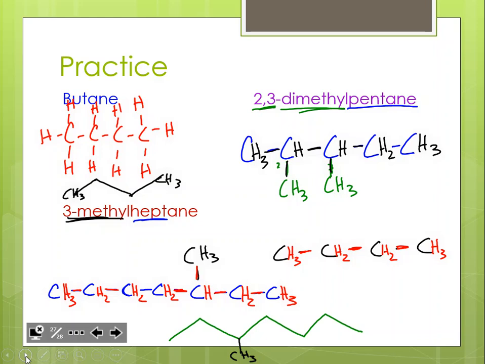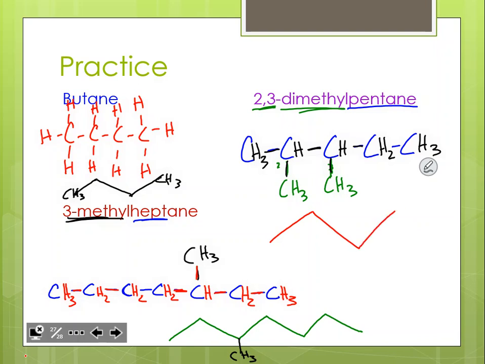It doesn't really matter. If I wanted to do the stick figure one for that one, here I'm going to erase this butane, get it out of the way. Want to do stick figure on this one? I would go 1, 2, 3, 4, 5. Okay, in this particular case, we would want to put one off of the 2, so a stick off the 2 and a stick off of the 3.